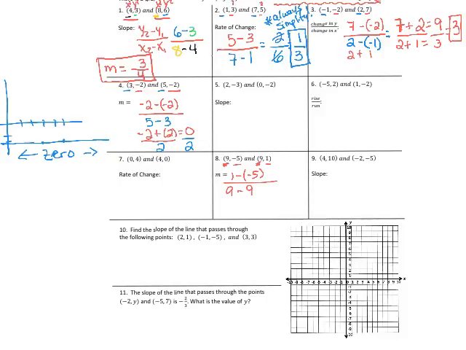Now I can already see we're going to have a smidge of an issue here because 9 minus 9 is 0. And I know that any fraction or slope with a 0 in the denominator creates a situation that is undefined.